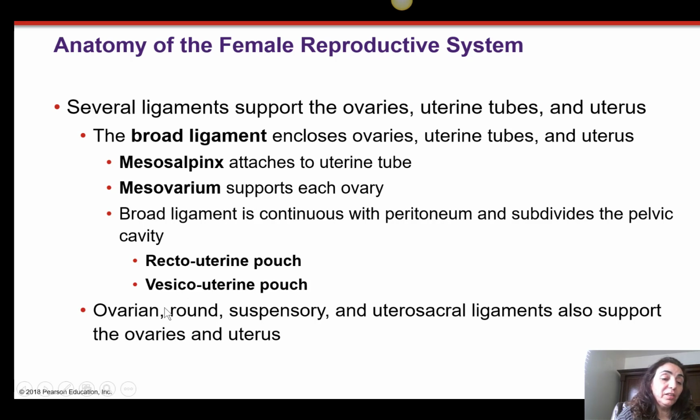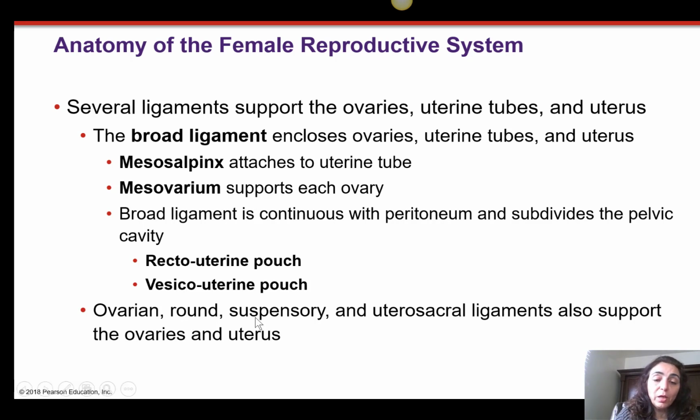We call the urinary bladder a vesicle, so we call it the vesico-uterine pouch, because the urinary bladder can simply be resembled to a sac or bag, right? So that one is the vesico-uterine pouch between the uterus and urinary bladder on the anterior, and the recto-uterine pouch on the posterior of the uterus.